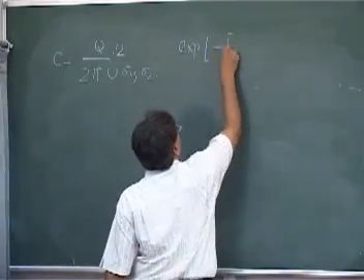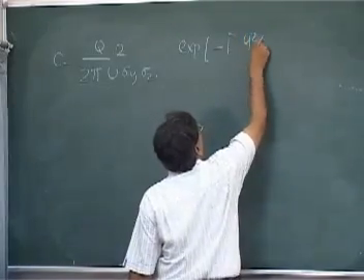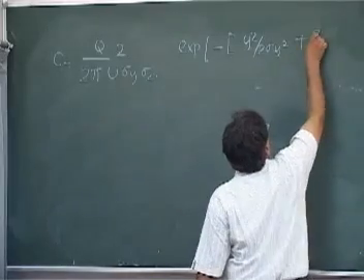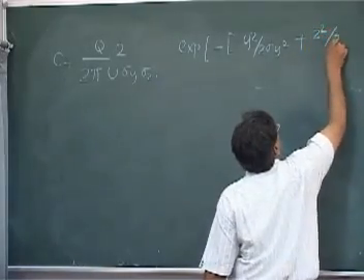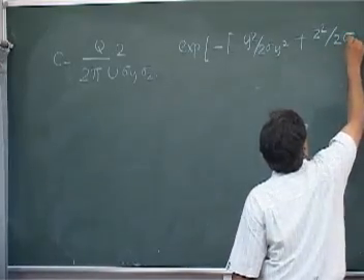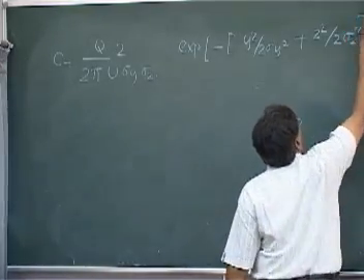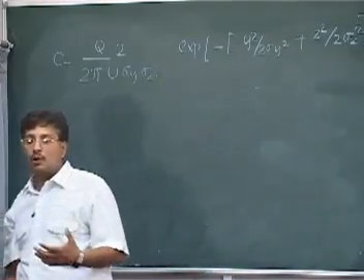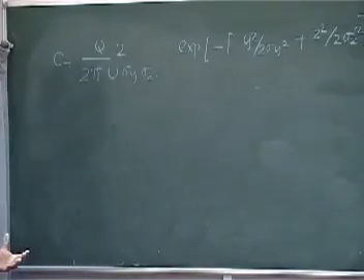Exponential minus, and this is what is called your Gaussian model.